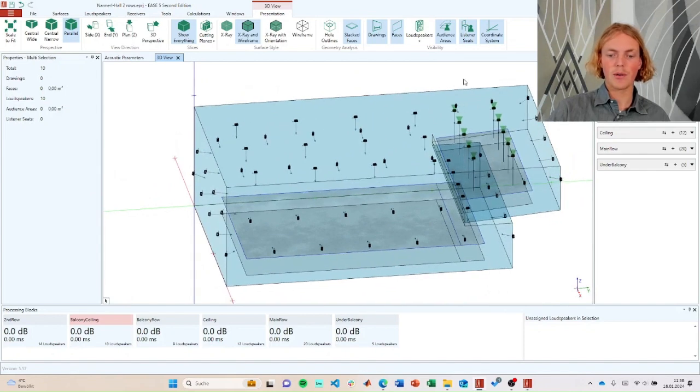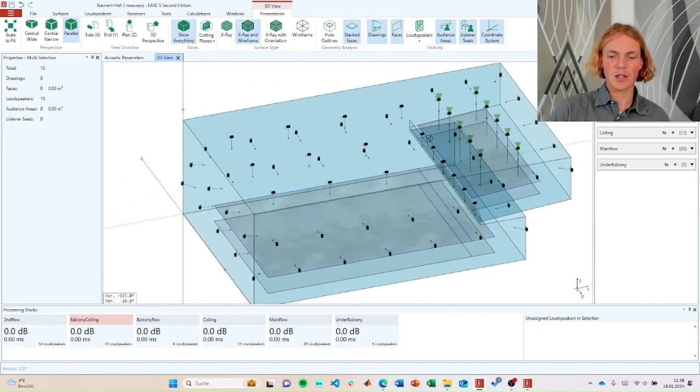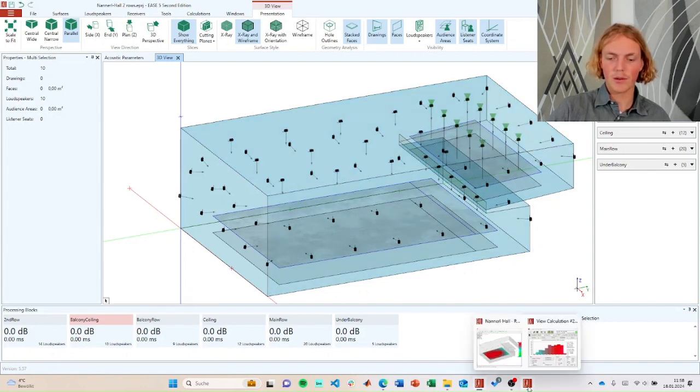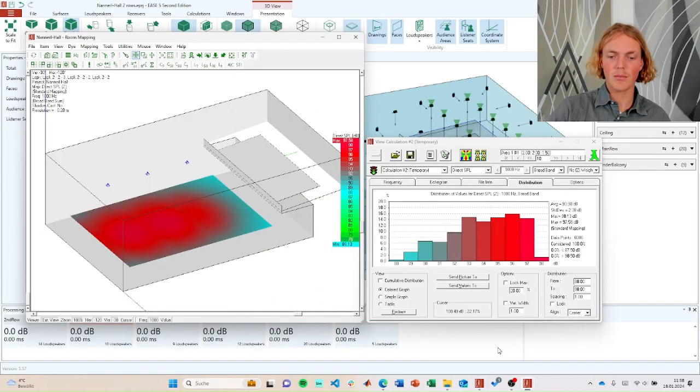Alright, so let's check if the speaker type we chose is adequate. For that I already did a standard mapping simulation. I chose 3 adjacent speakers of the ceiling in the main room, and here is the direct SPL broadband.